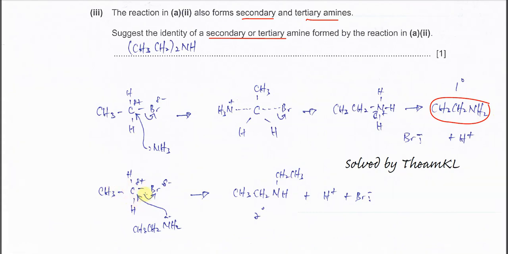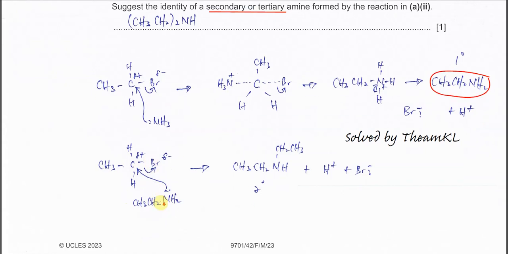this bromoethane, because this ethylamine is also a base. So the nitrogen with the lone pair will also attack the partial positive carbon, and a similar mechanism will happen.